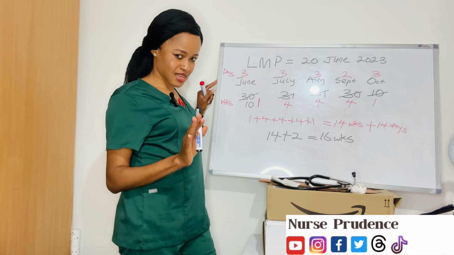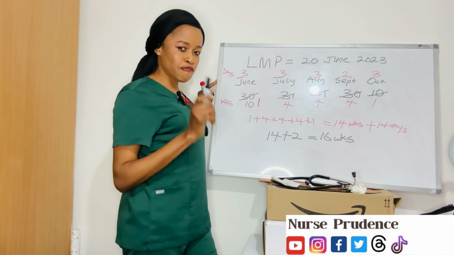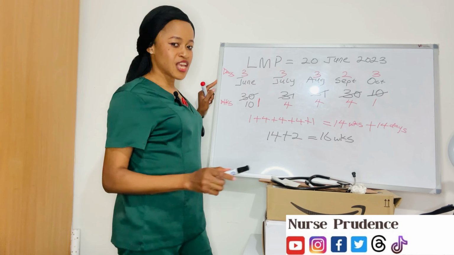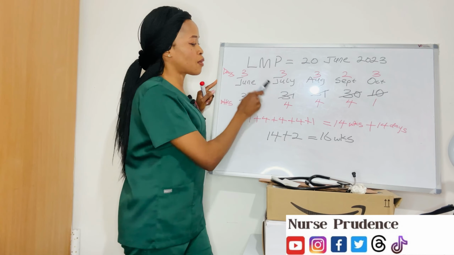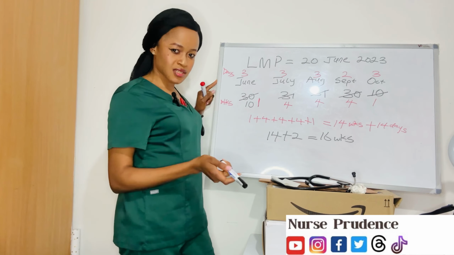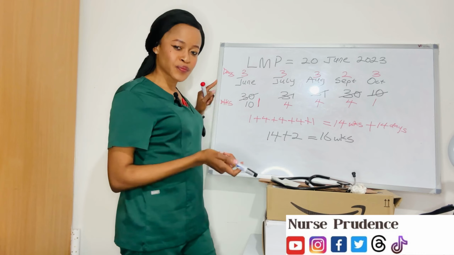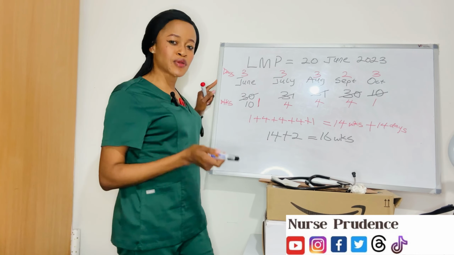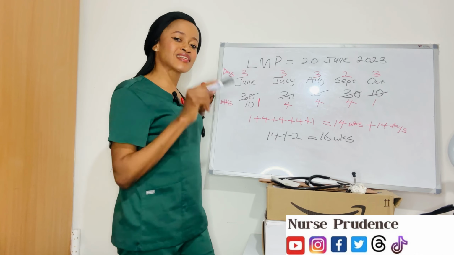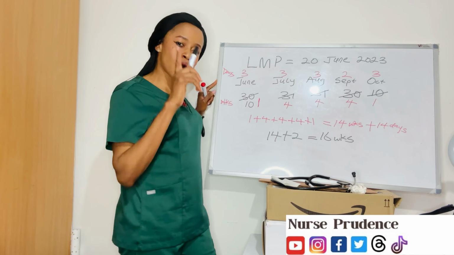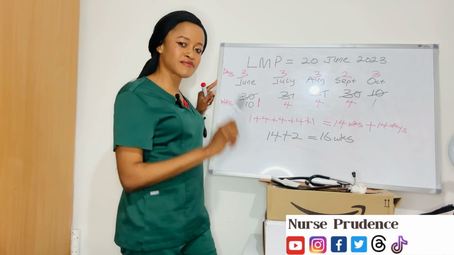Are you getting what I'm saying? If you want to use another method, all you need to do is to write down the number of days in each month and divide it by 7. You are dividing by 7 because you are trying to get the gestational age in weeks, because 7 days make 1 week. So you divide by 7.